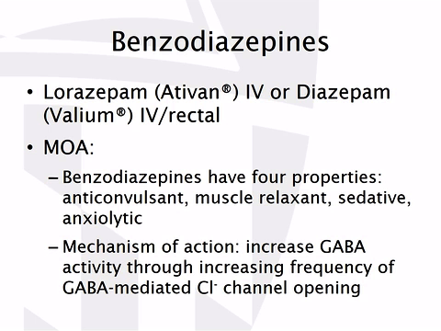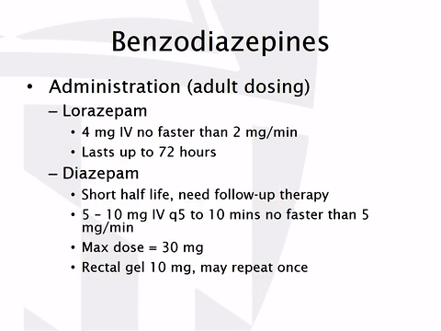So benzos themselves are anticonvulsants. They also relax muscles. They're sedatives and anxiolytics. We're going to talk about them a few more times, but they are anticonvulsants, and that's why they're useful for status epilepticus.